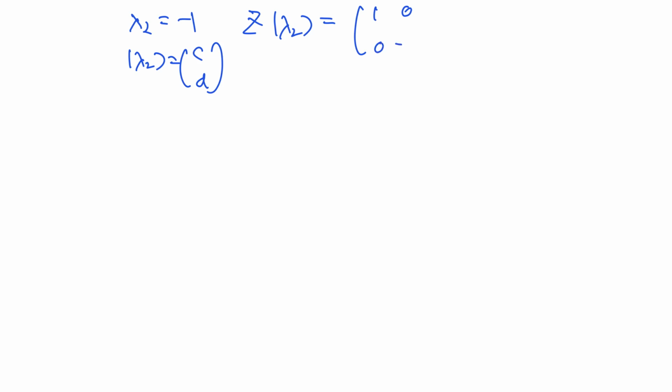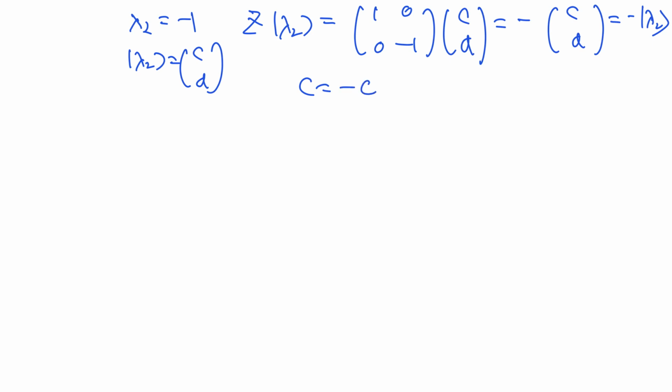For lambda 2, minus 1, let's say lambda 2 is (C, D), right? Then Z lambda 2: (1, 0; 0, minus 1) times (C, D) is minus (C, D). So C is equal to minus C, minus D equal to minus D, right?